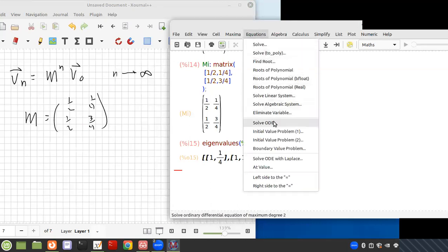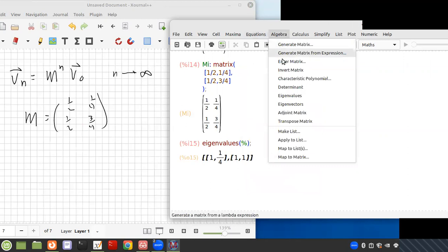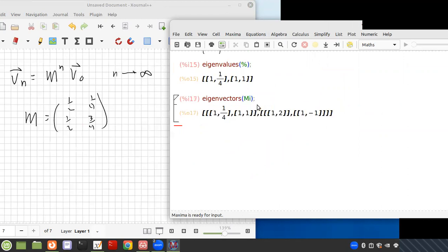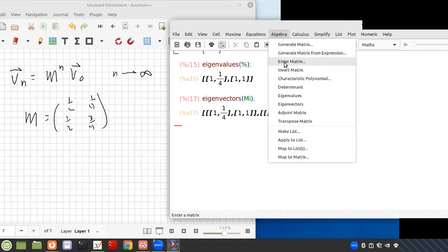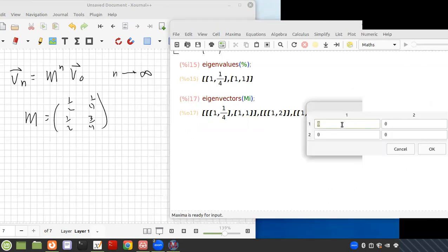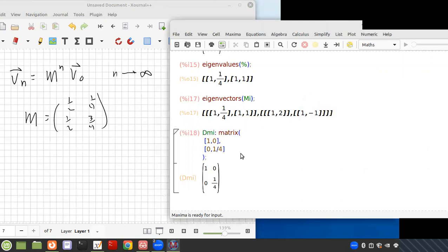We can go through and find the eigenvectors of the matrix MI, and there they are. Then we can form the diagonal matrix D for the migration matrix, and that will be 1 and 1/4.